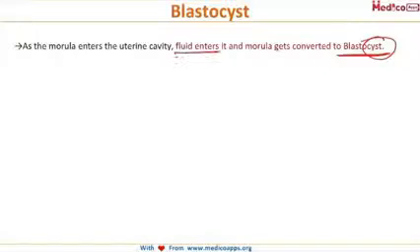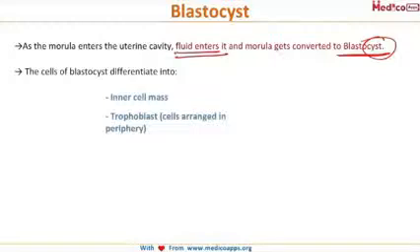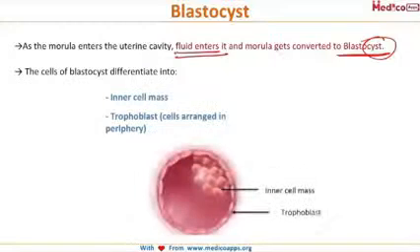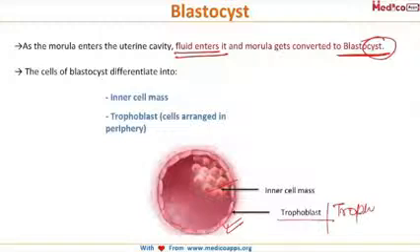Cyst, because when fluid enters, it becomes a cyst. Now the cells of the blastocyst differentiate into the inner cell mass and the peripherally arranged cells, which is called trophoblast or trophoectoderm, one and the same thing. Now it is this blastocyst which gets implanted. So we'll continue with blastocyst.